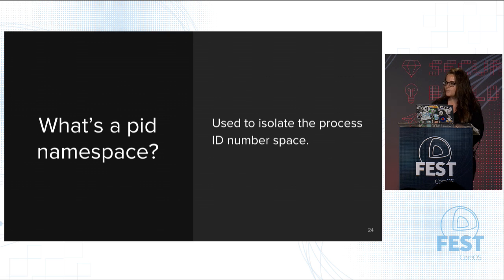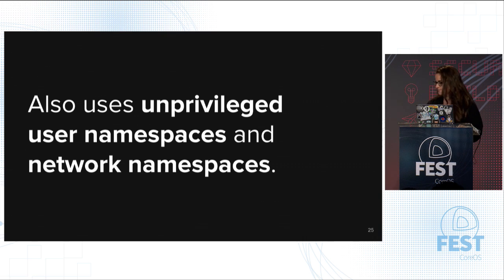It's mostly so that no tab can know about any other tab's running processes, so your Gmail tab is not aware of the thing you're watching some really sketchy video on, or something like that. They also use unprivileged user namespaces and network namespaces. They use all the same things as containers, which is really cool.